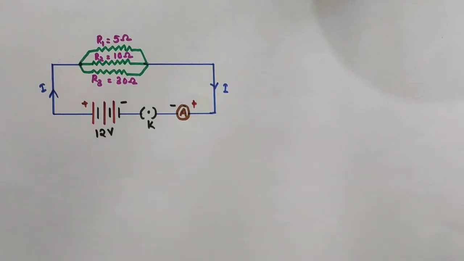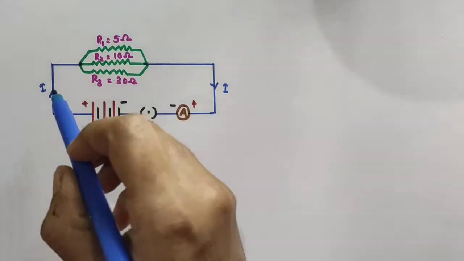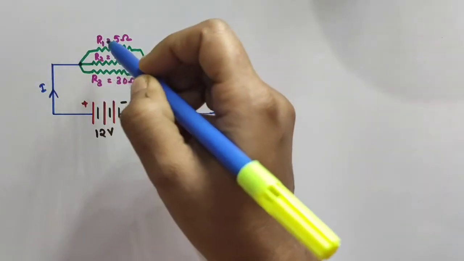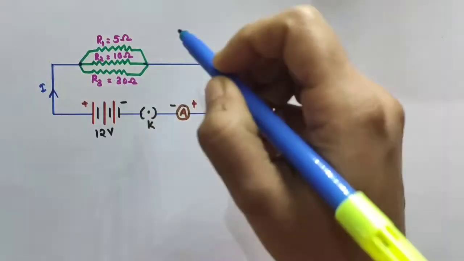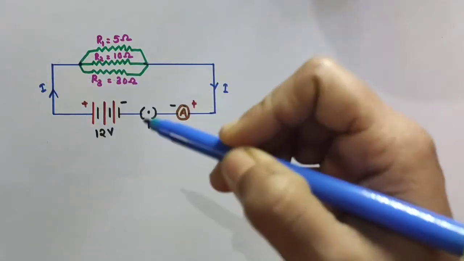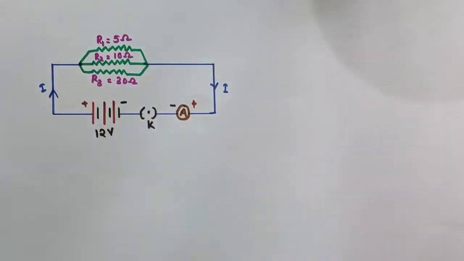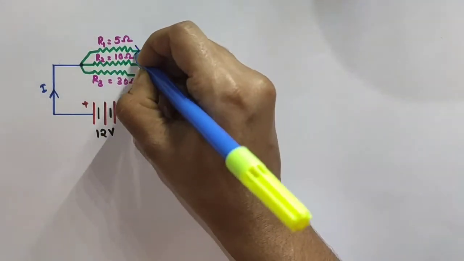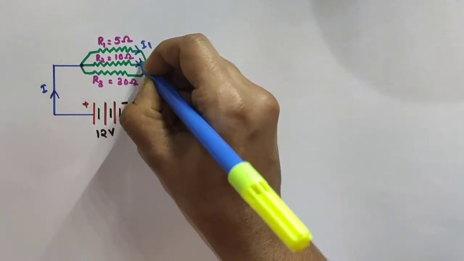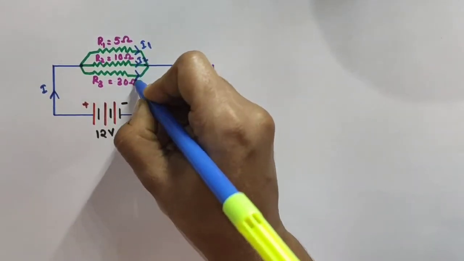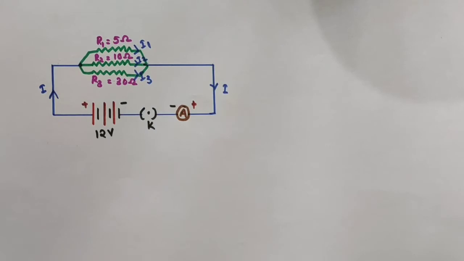We know that in parallel combination, the total current splits, and it will sometimes be the same, sometimes different through each branch. So let I1 be the current through the first resistor, I2 through the second resistor, and I3 through the third resistor.